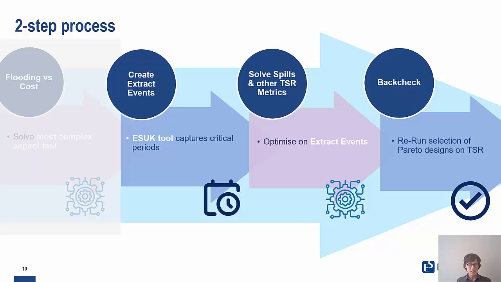And then when complete, we take a selection of the optimal solutions from the optimization, the ones we're most interested in potentially building or presenting to the business case, and then rerun those on the full 1 or 10-year simulation as a back check, and just verify the results from those extract events are accurate.